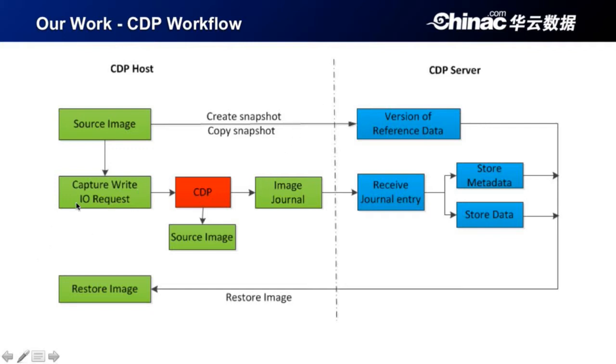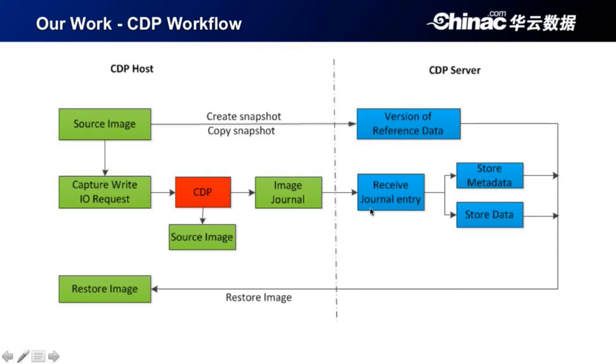And then, once the virtual machine starts running, it begins to capture every write IO request, and then judges whether CDP service on this image is on or off. If off, it will be streamed into the source image directly, just like before. If the CDP service is on, it will be streamed into a journal. We call it the image journal, concurrently. Okay, now this is the job the CDP host does.